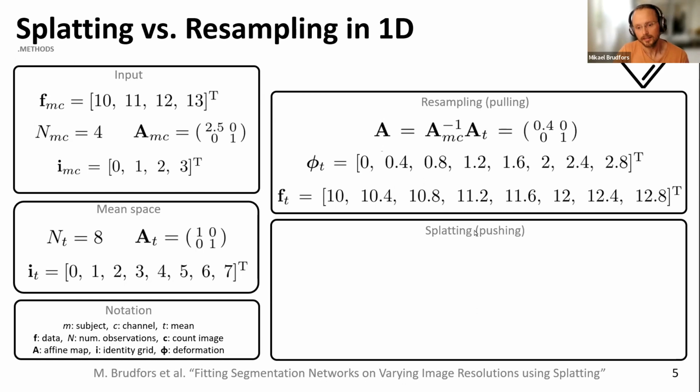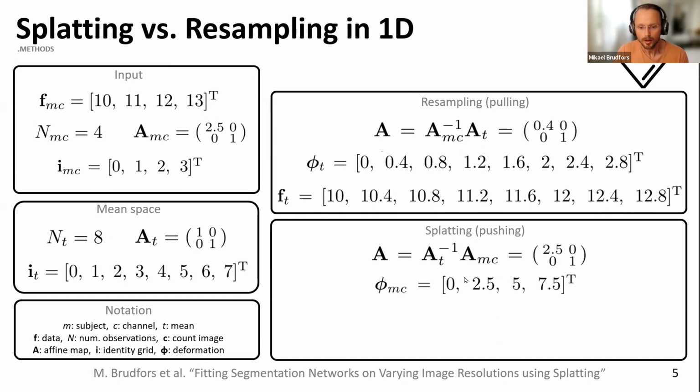Splatting, on the other hand, is different because it doesn't interpolate. This is the key thing to note about this operation. In this case, we compose the affine matrices the other way around, and then the identity grid is now defined in the space of the image. So we basically affinely transform this identity grid, and then we push voxels to the new space, the mean space.